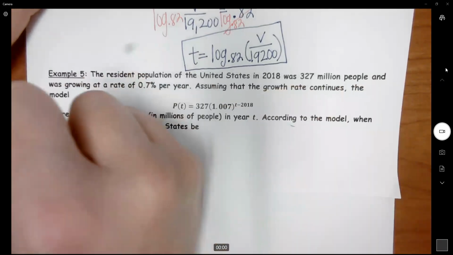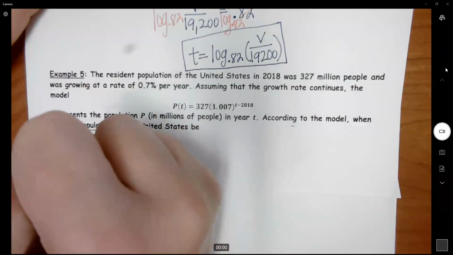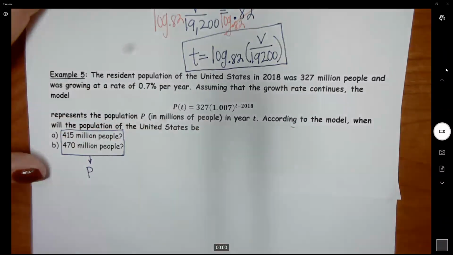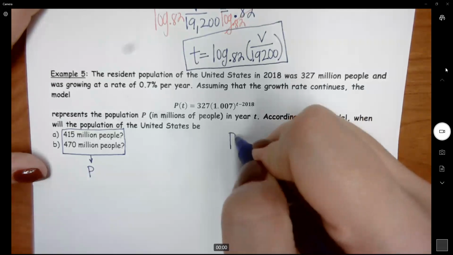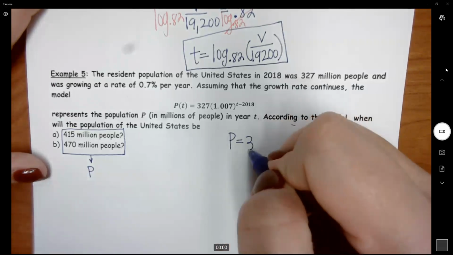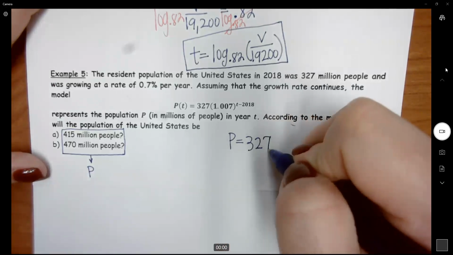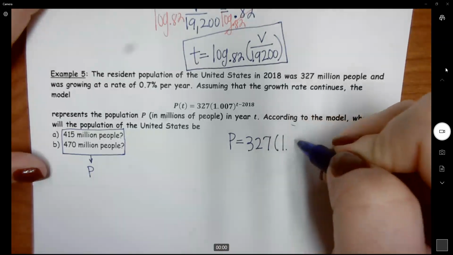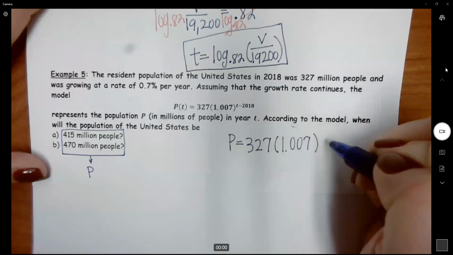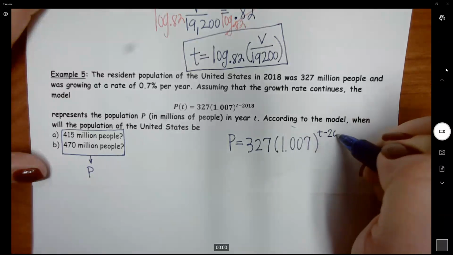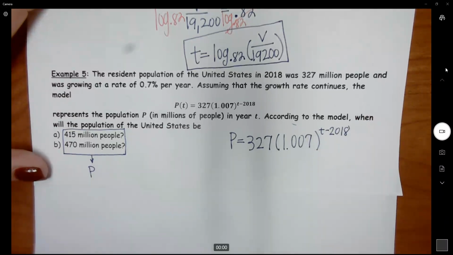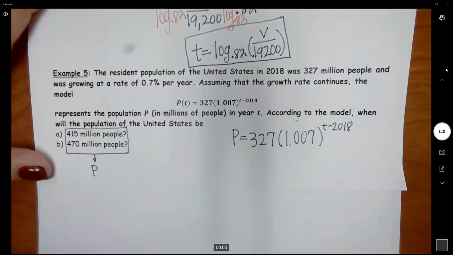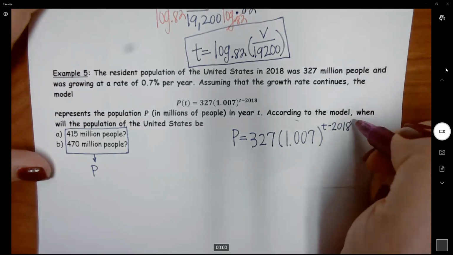Because this right here is talking about P, my population. So let's rewrite this and solve for T. So the first step is to isolate the exponential term.